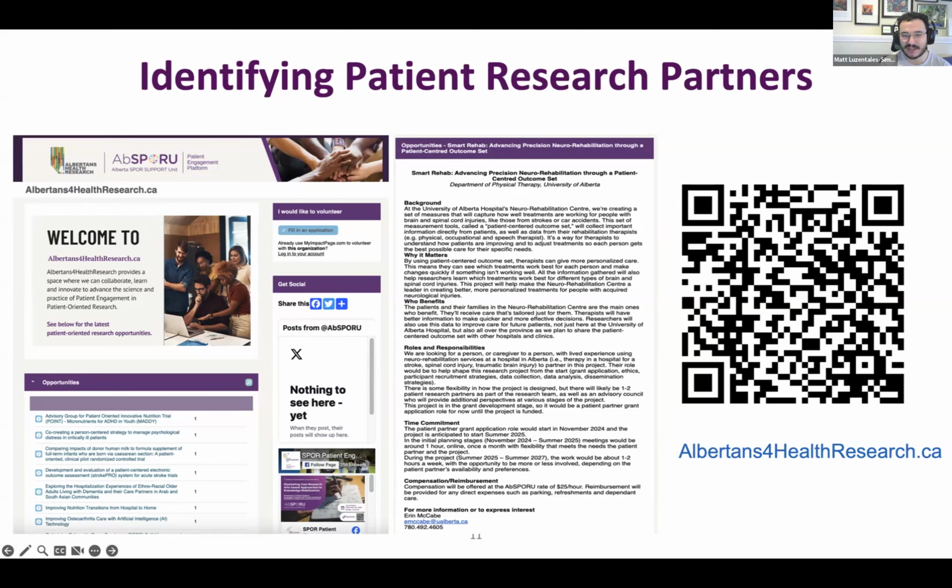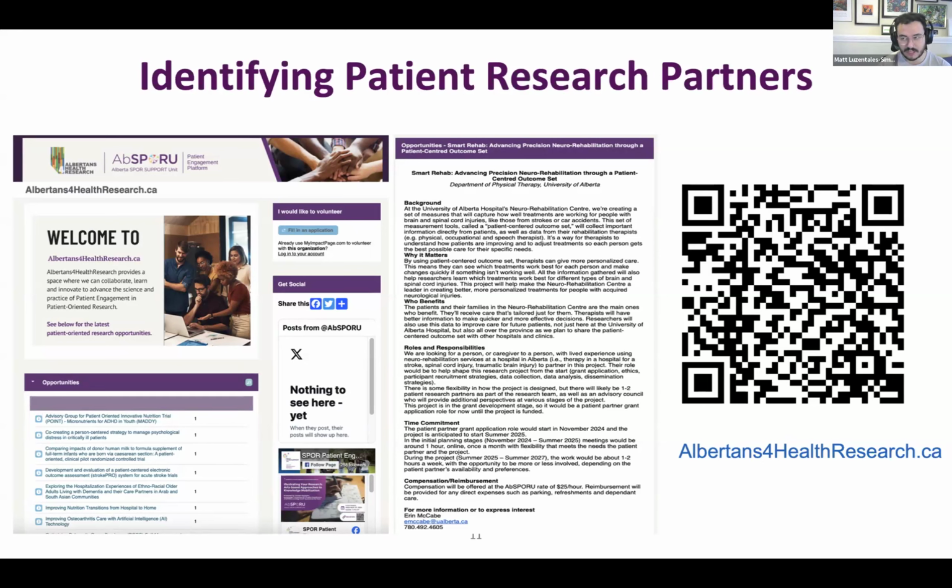We have a website listed on the slide, and there's a QR code to bring you there, where we post opportunities for patient research partners to get involved in research projects. We have posting guidance and input that we can provide when you are describing your patient-oriented research opportunity to potential patient research partners.